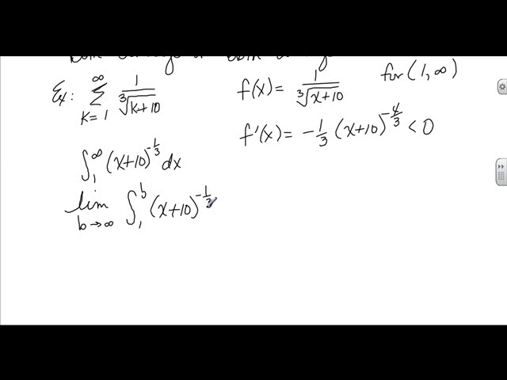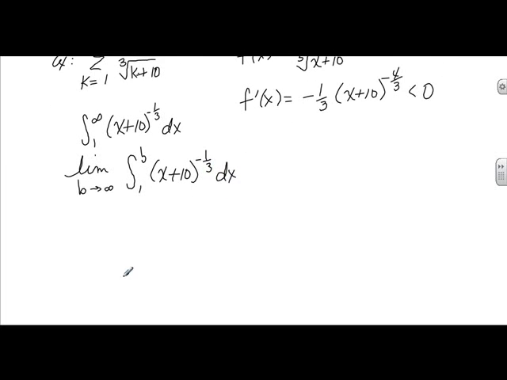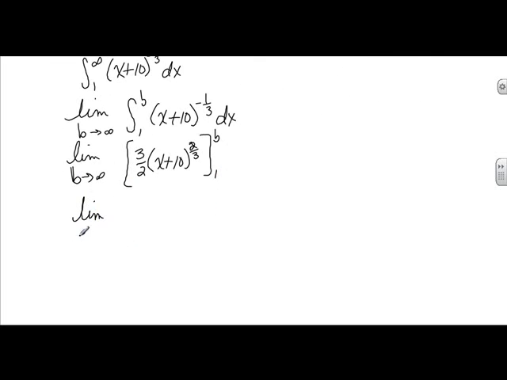Anti-differentiating, we end up with 3/2 times x plus 10 to the 2/3 power, evaluated from 1 to b, and we take the limit as b approaches infinity. So, the limit as b approaches infinity of 3/2 times b plus 10 to the 2/3 power minus 3/2 times 1 plus 10 to the 2/3 power.